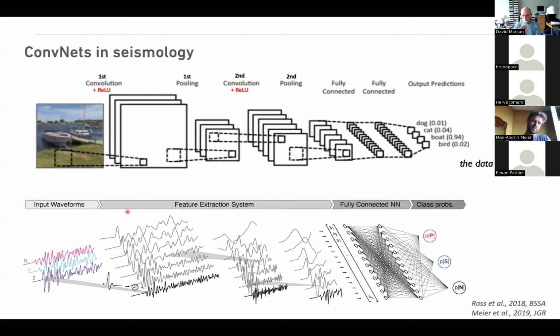You apply these parallel and sequential filters, and at the end you write it all into one large vector. You put that into a fully connected neural network, and then you get, in our case, 3 probabilities that sum up to 1: the probability that the input is a P wave, an S wave, or noise.